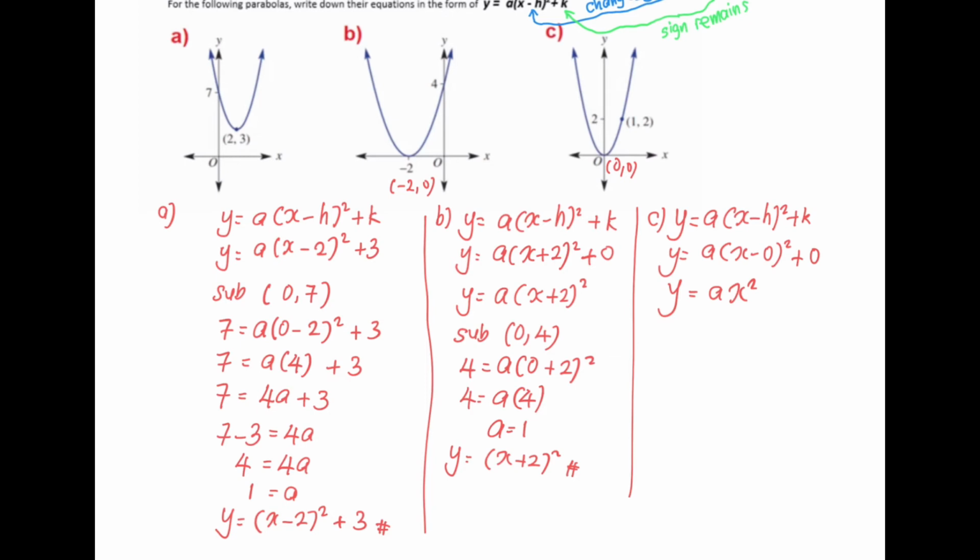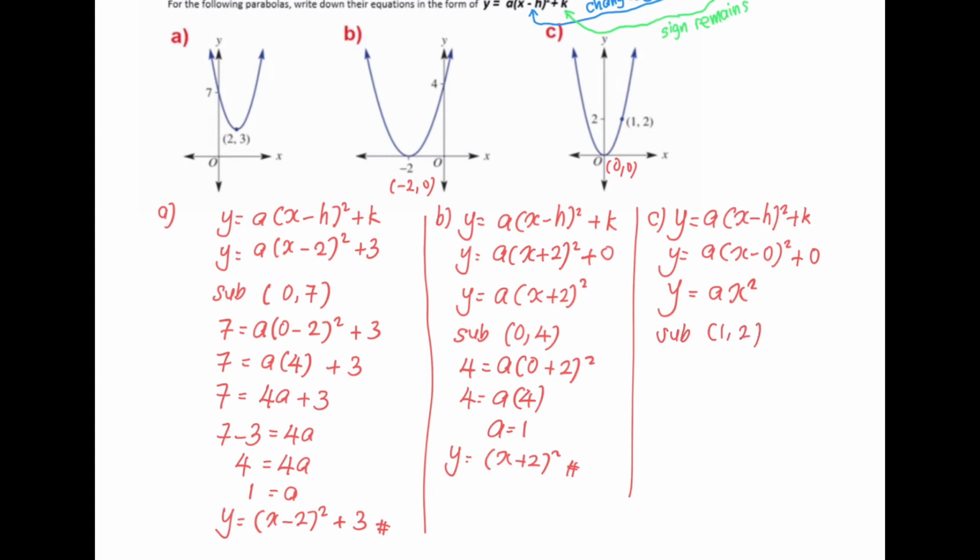Now we want to find a, and as you can see, we need to substitute a coordinate. Substitute what coordinate? Let's say 1, 2. This is the only coordinate given other than the turning point. The turning point cannot be used anymore, so we use the other coordinate, 1, 2. So substitute 1, 2.